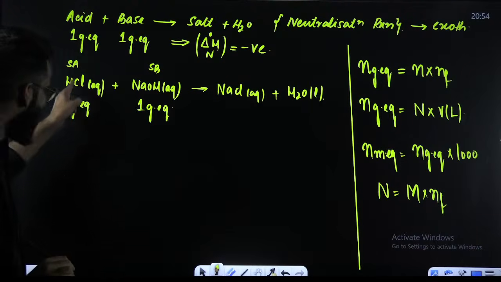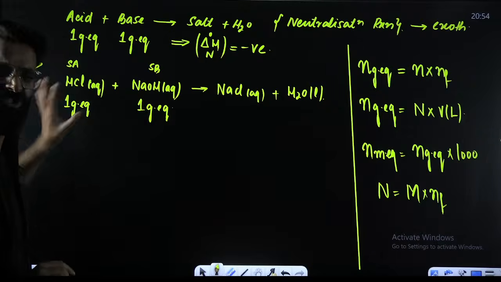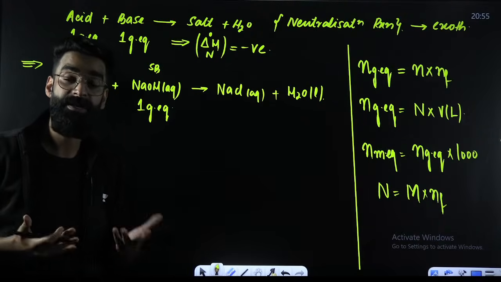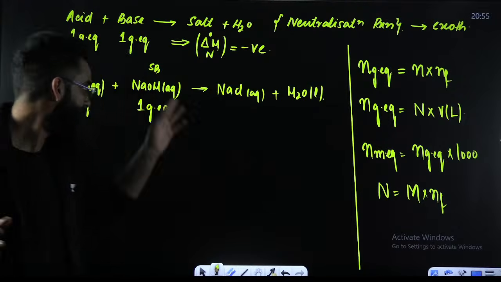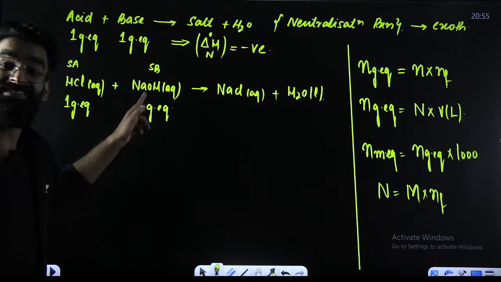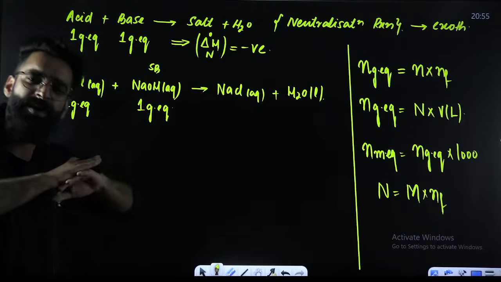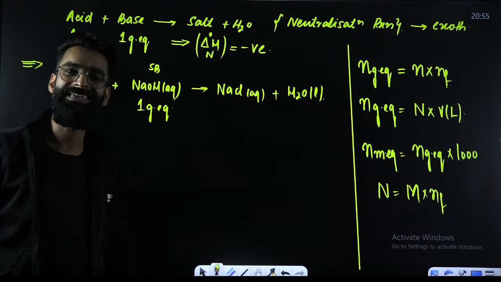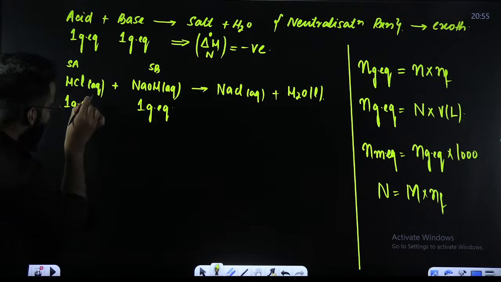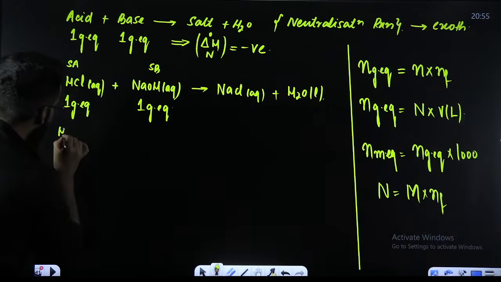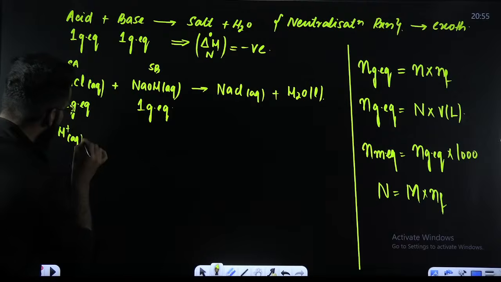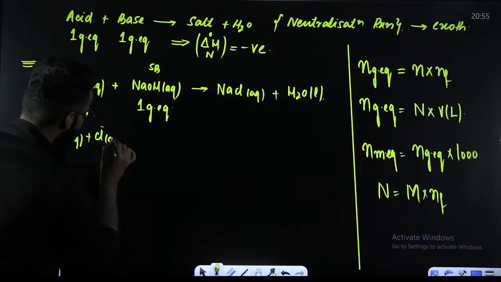Now, HCl is a strong acid, so it's a strong electrolyte. Strong electrolytes get completely dissociated into their ions. A strong base is again a strong electrolyte, completely dissociated into its ions. So this HCl in aqueous solution would have completely dissociated into H positive aqueous plus Cl negative aqueous.